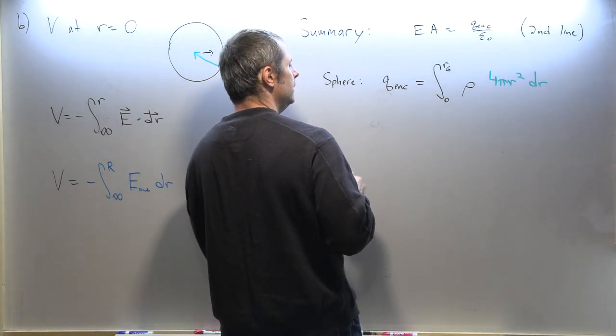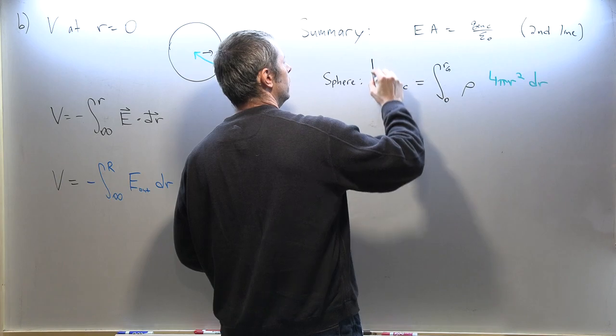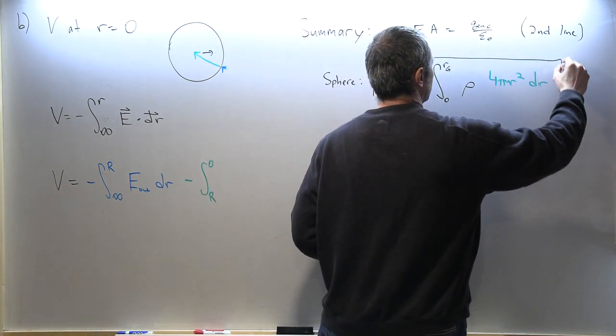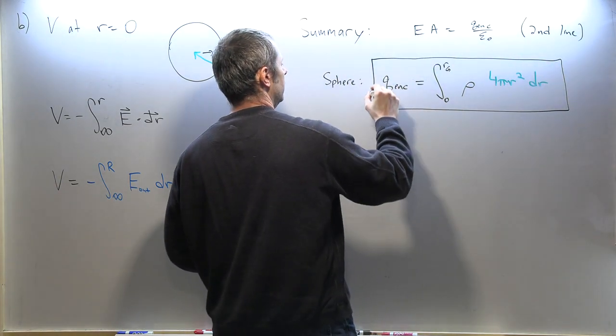This is the dV, the tiny little volume of a shell.